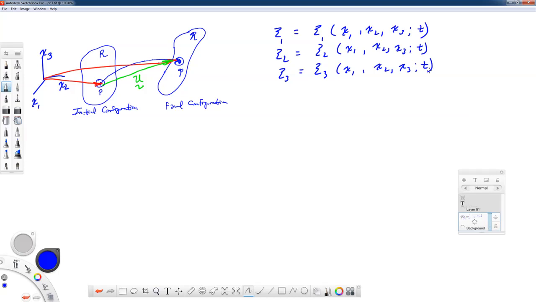We're going to make an assumption here that there is a one-to-one correspondence between points in R and in script R. And that's part of this idea of the basics of continuum mechanics that says that 1 point cannot split up into 2 points, and that 2 points cannot collapse into 1 point.